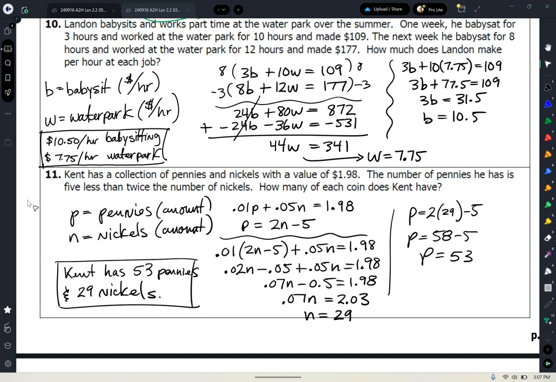Homework. We're not going to do all of these, so I'm going to let you know which ones we're going to do here in just a second. So 1, 3, 5, and 7 on the front side, and then we're going to do the back side, the whole back side, 9, 10, 11, and 12.